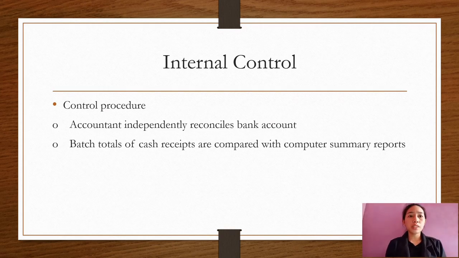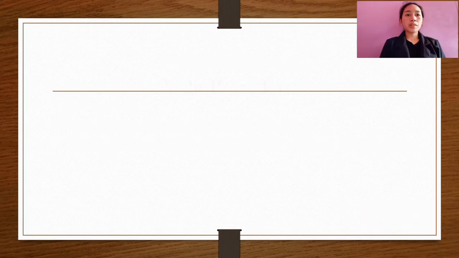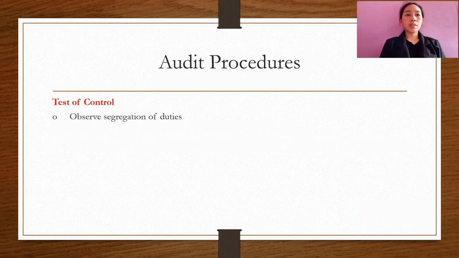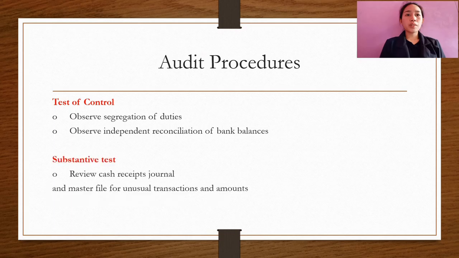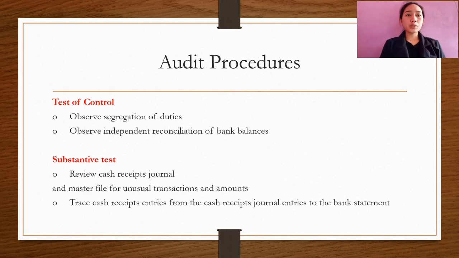The internal control for occurrence is the control procedure in which the accountant independently reconciles the bank account, and batch totals of cash received are compared with computer summary reports. For the audit procedure, there are two types: test of control and substantive test.